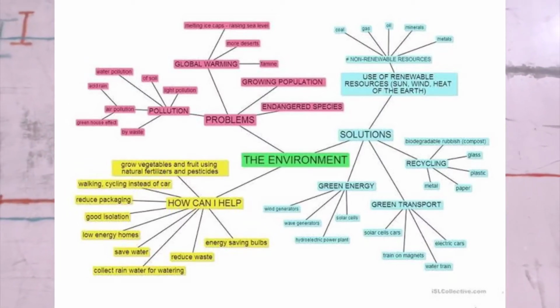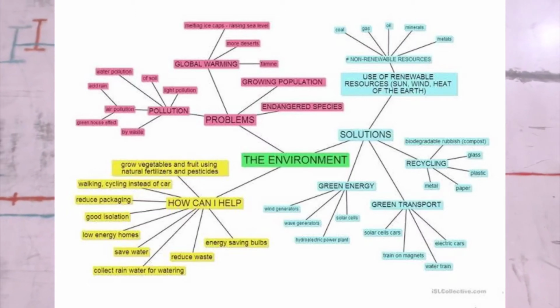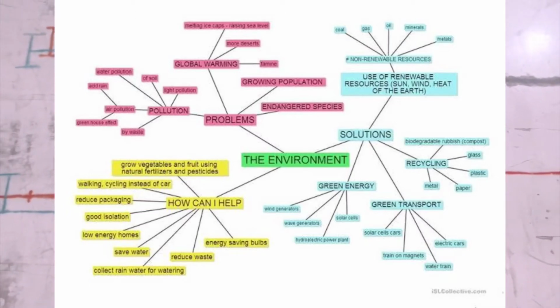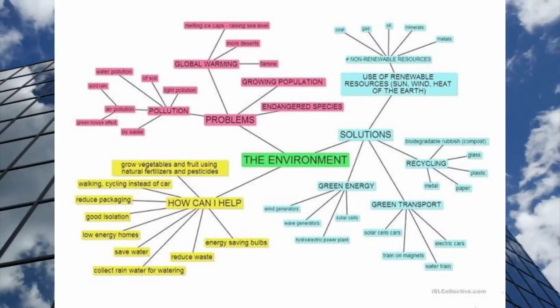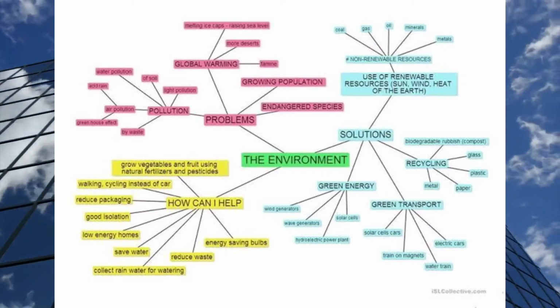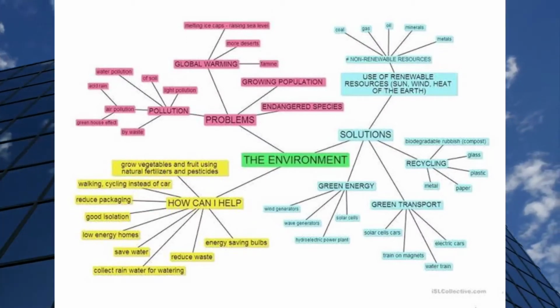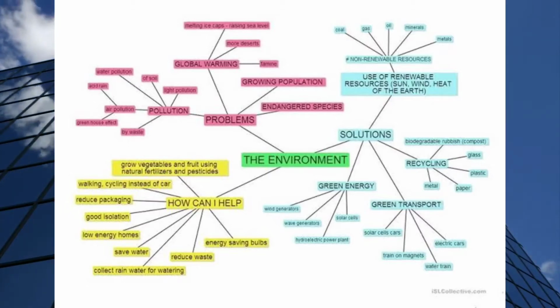An example of a major issue in our environment is global warming, pollution, and other major issues such as endangered species and growing population.